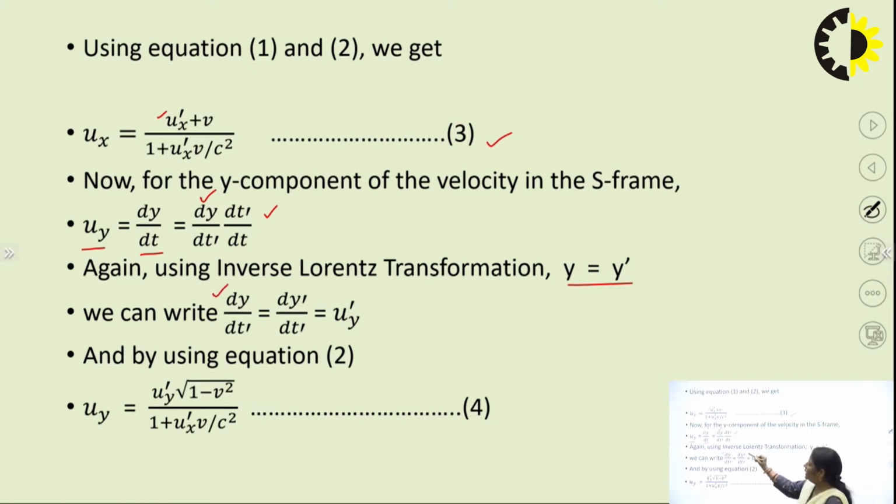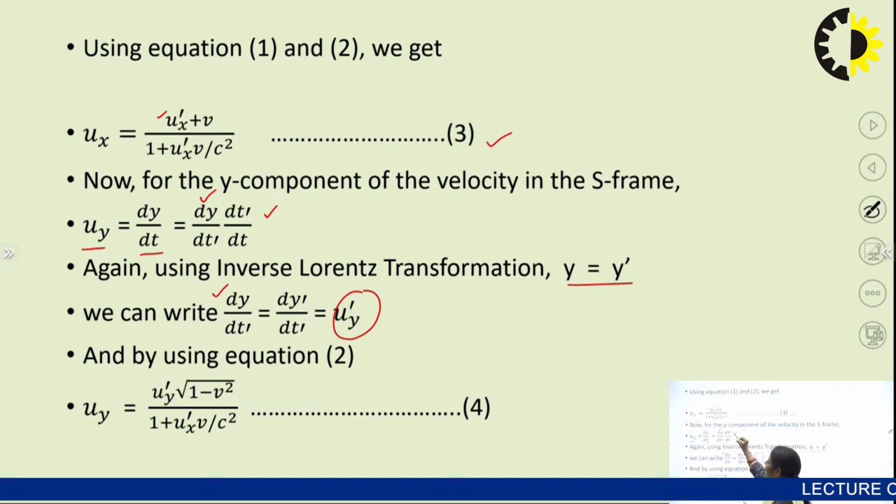This is simply dy dash by dt dash. Both are S dash frame variables, so they will give a term which is an S dash frame property, uy dash. So this part is done.